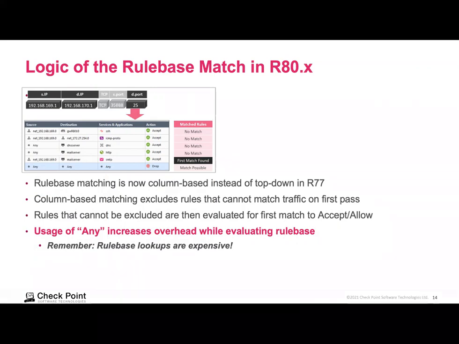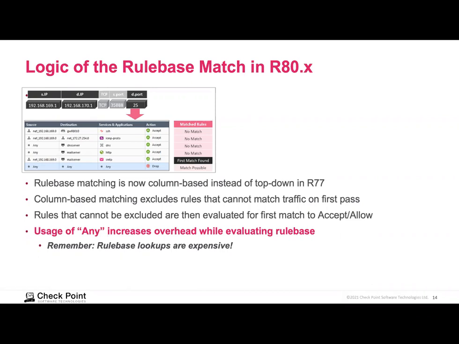Now, in R80, we're using this column-based matching where we're doing 2 passes through the policy. In the first pass, we're excluding any rule that couldn't possibly be a match. And then in the second pass, we're doing that deeper evaluation to figure out which is the right rule to match to. So any rule that can't be excluded the first time needs to take that second pass.